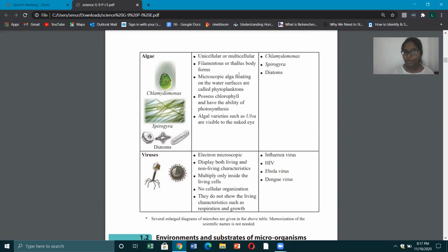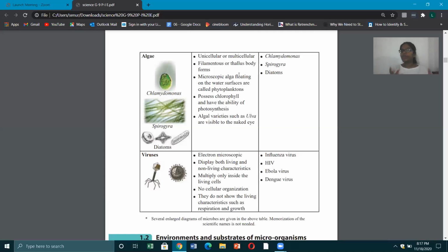What do you mean by filamentous? Filamentous is, children, they have filaments in their body. And thallus is that their body is not differentiated into true roots, stems, and leaves.